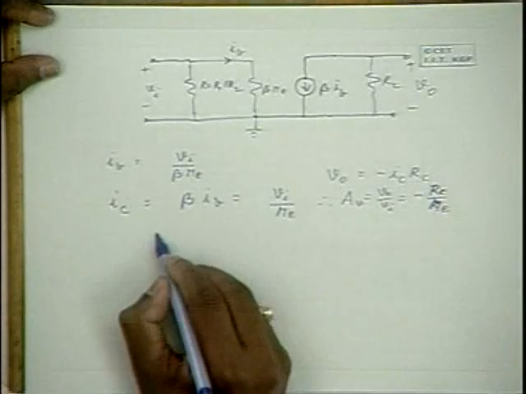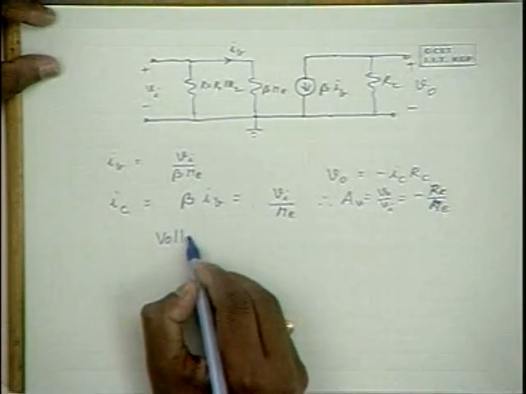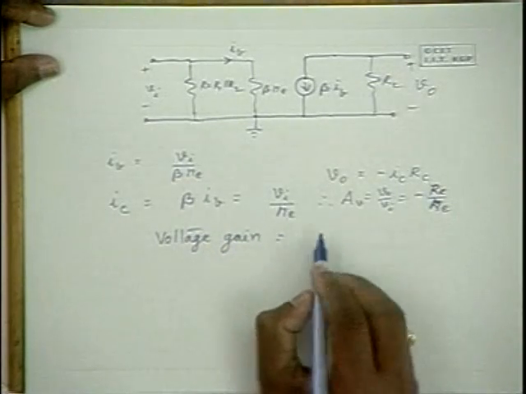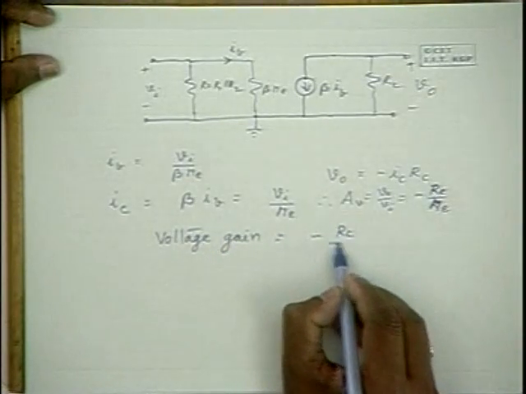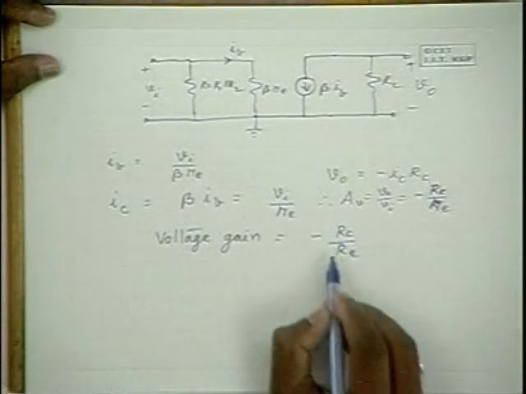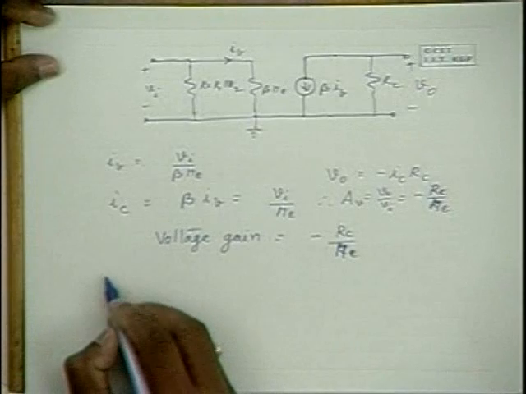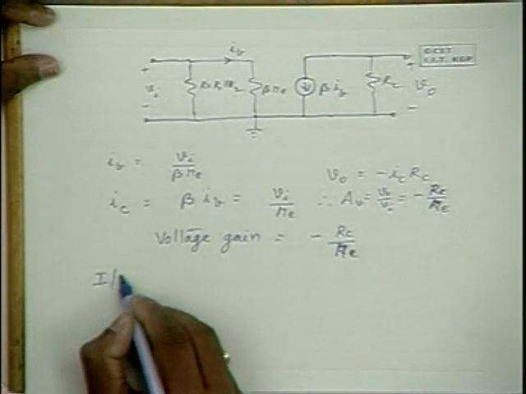Now what is the input impedance of this circuit? This is the voltage gain, therefore. Now input impedance.